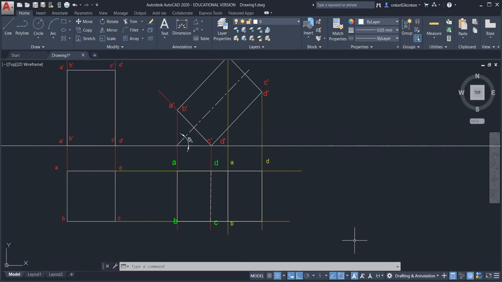Now in the third stage, we will make this edge DC inclined to the vertical plane by an angle of 45 degrees, and then we will complete the final stage front view. The second stage top view and the third stage top view will both be the same, only their orientation is different.